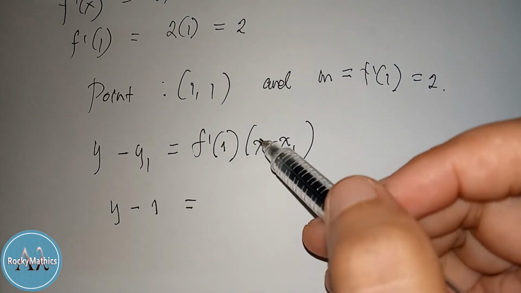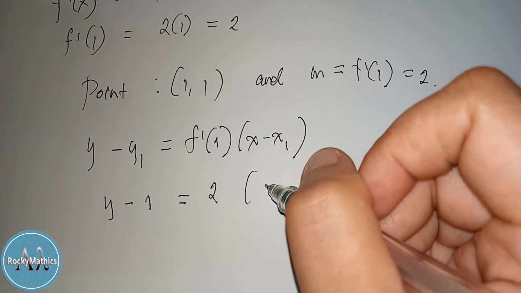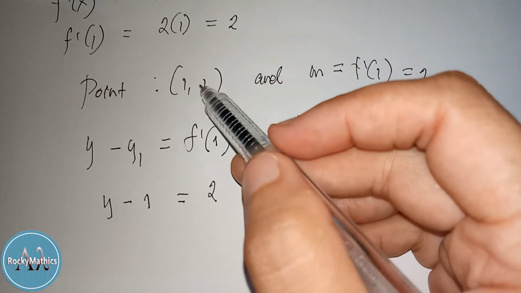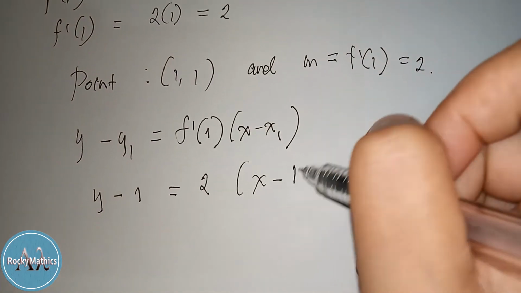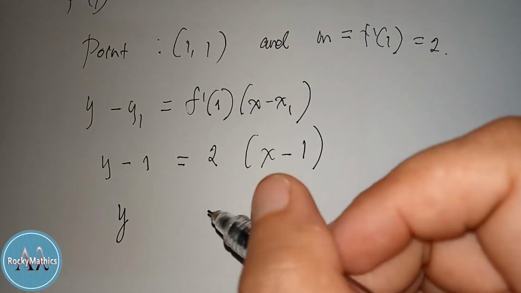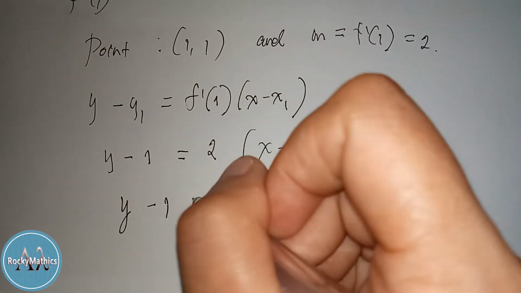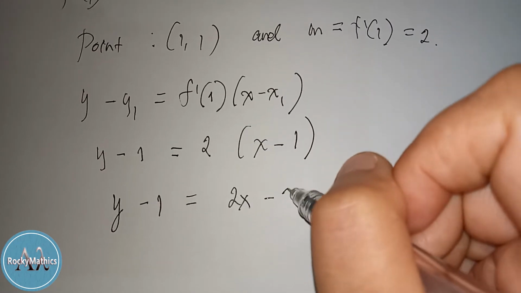What is f prime of 1? f prime of 1 is 2. So 2 times x minus x sub 1, which is 1. Simplifying the equation, we have y minus 1 equals 2x minus 2.